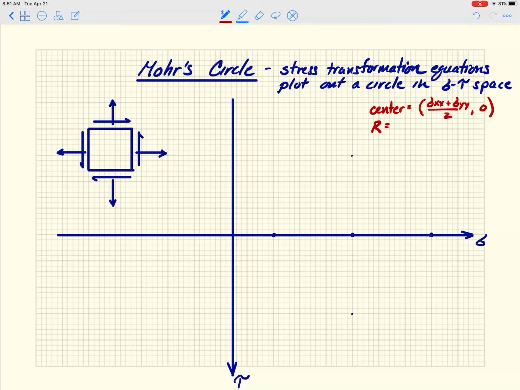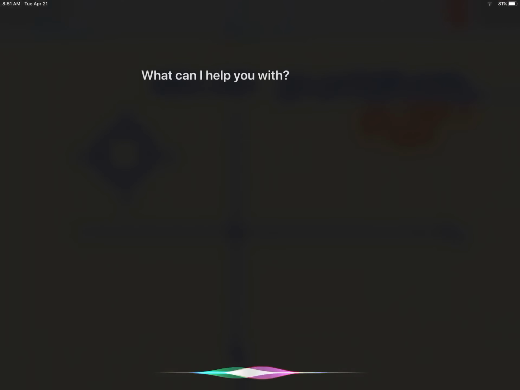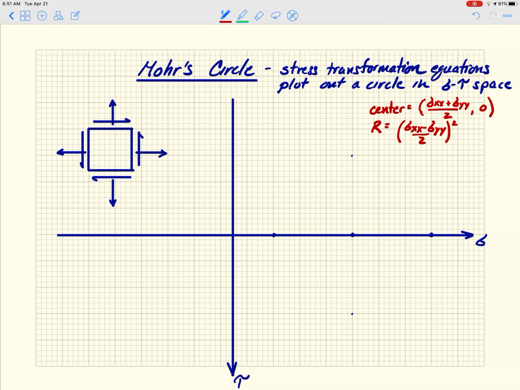And then the radius of the circle, r, is this other term: sigma xx minus sigma yy divided by 2, quantity squared, plus tau xy squared, and then we take the square root of this entire thing. Let me give myself a little more room there.